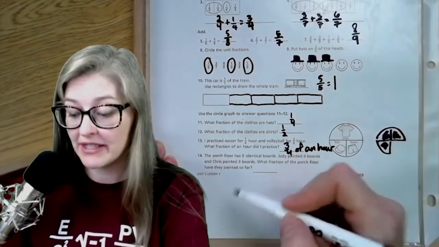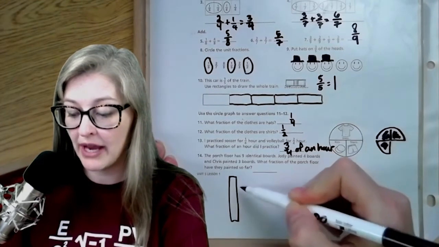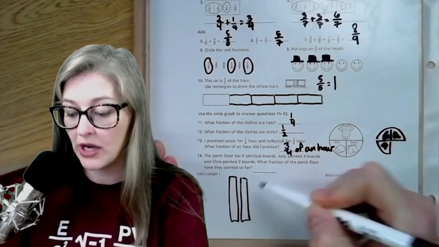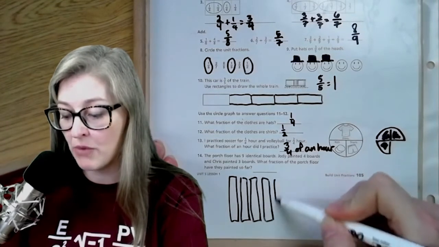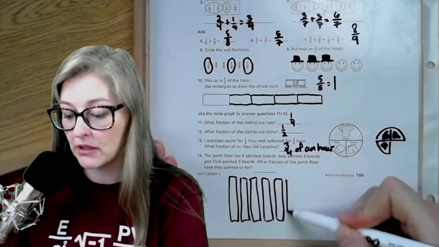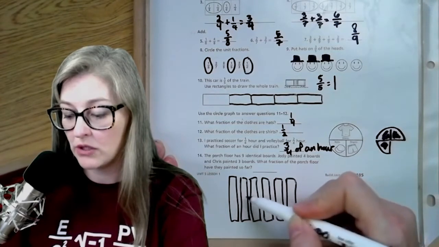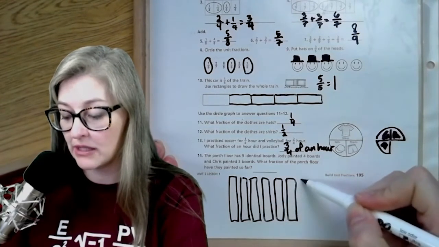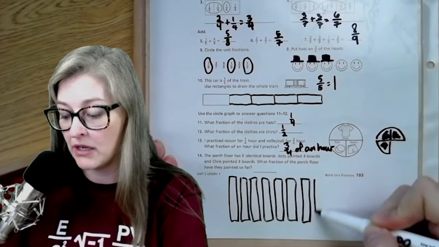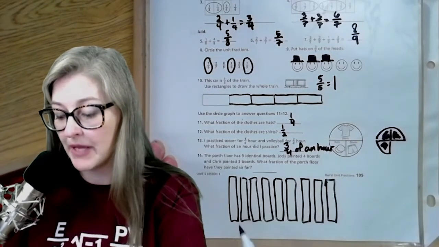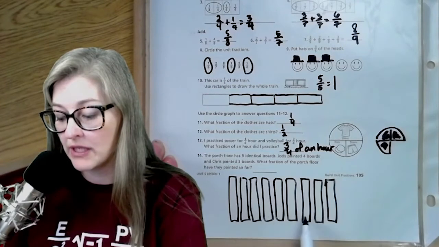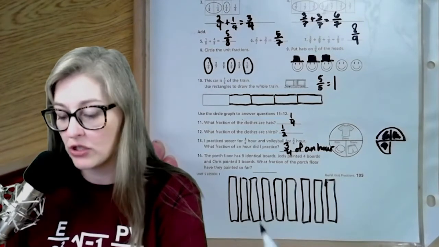All right, this is another one where I would do a simple sketch. So I have a total of 9 boards. 1, 2, 3, 4, 5, 6, 7, 8, 9. Always check your answers.